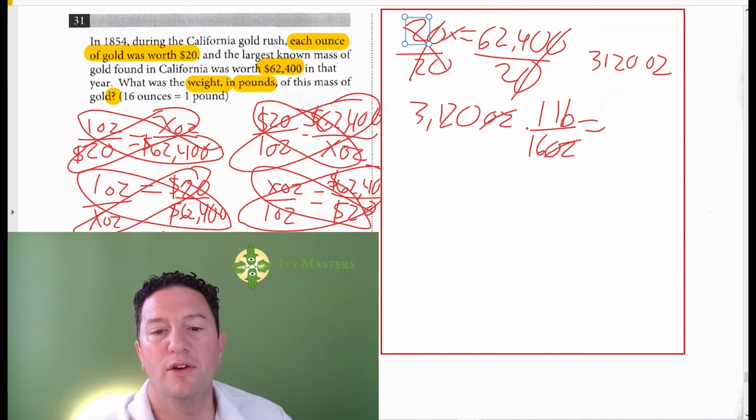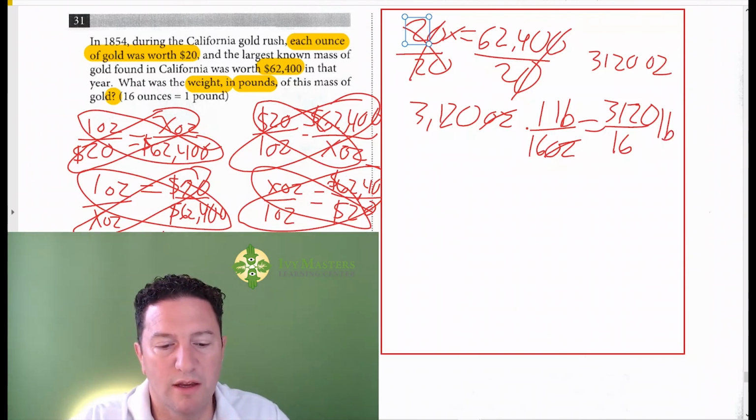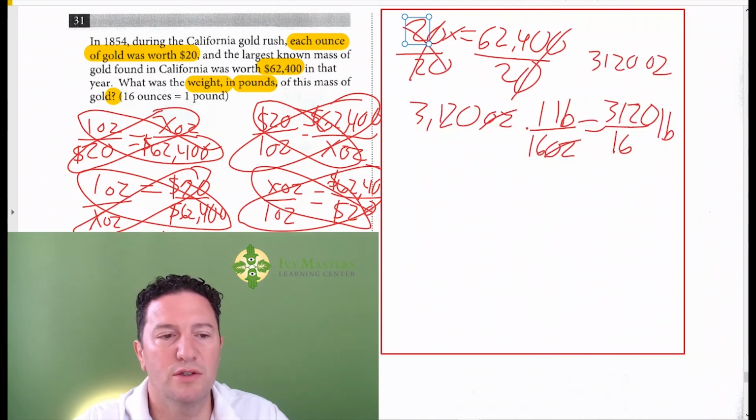I've got 3,120 over 16, and notice my units left are pounds. On the calculator, 3,120 divided by 16 gives 195, which is your answer.